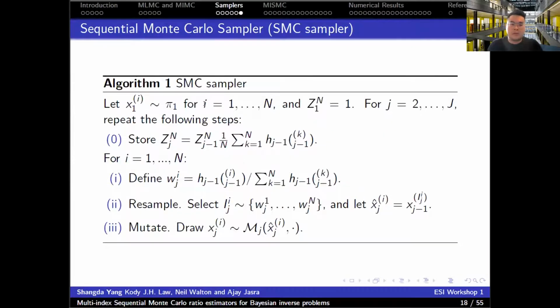So this is the algorithm. We can see that steps 1, 2, 3 are the sampling steps. When we do the sampling steps, we get the normalizing constant simultaneously. So we do not need to specifically treat the normalizing constant; we get it at the same time.